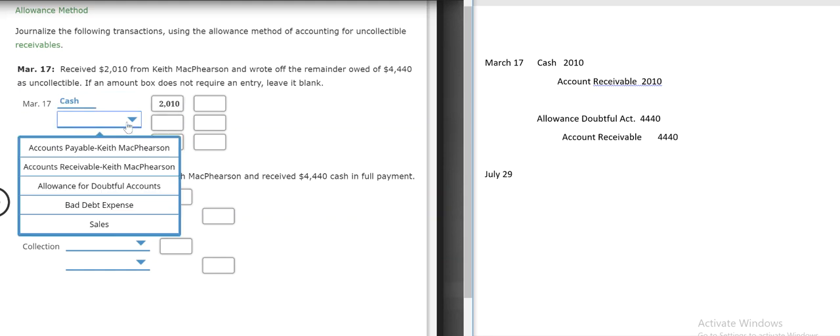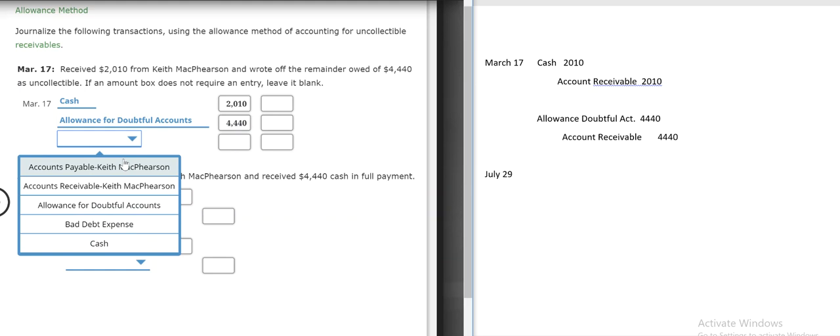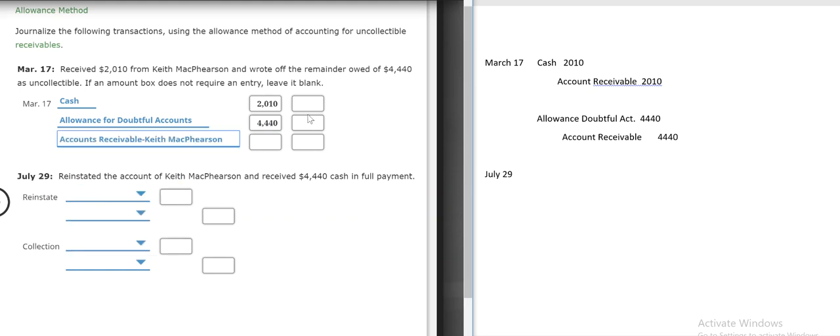I'm going to debit the allowance account, allowance for doubtful accounts, 4,440. And then the credit here will go to account receivable, not account payable, of course not. So the sum of this will be what? $6,450, I guess, right?